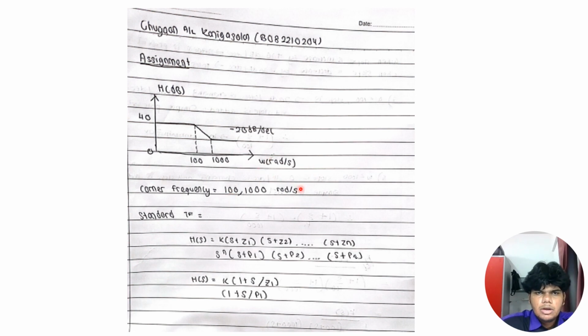So at this part, I have simplified the standard transfer function formula, which consists of j omega plus zeros and j omega plus poles, and also a value of k, which I will find later in the calculation part. So the formula for the simplified transfer function is k times 1 plus j omega over zeros, over 1 plus j omega over poles.